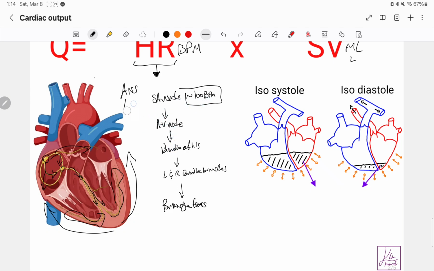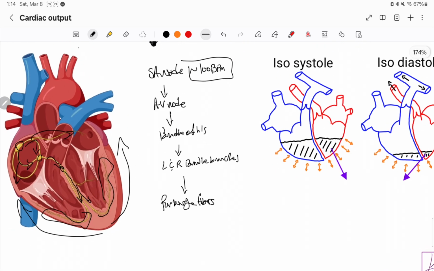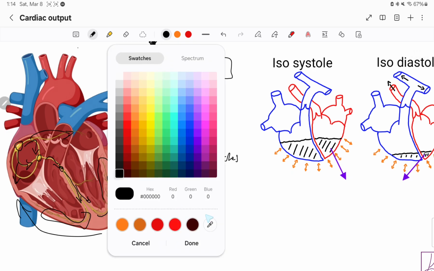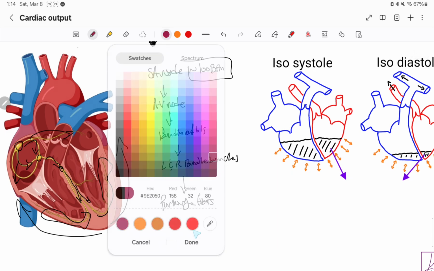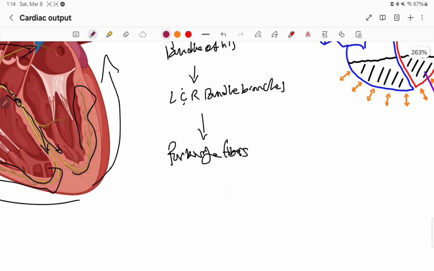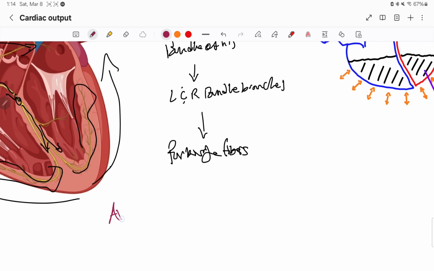Now, this brings me to another point. How do I calculate my average heart rate? Well, if you guys remember from the cardiac cycle video, okay, we know that one cardiac cycle takes about 0.8 seconds, right?